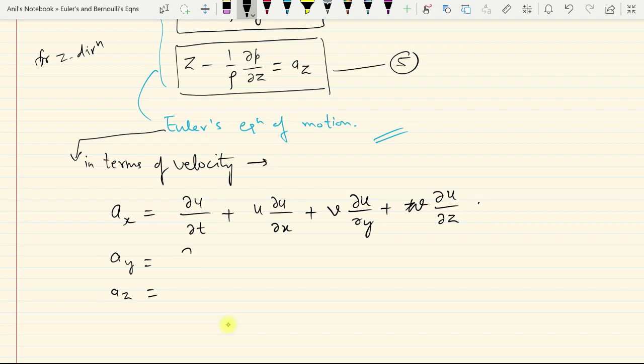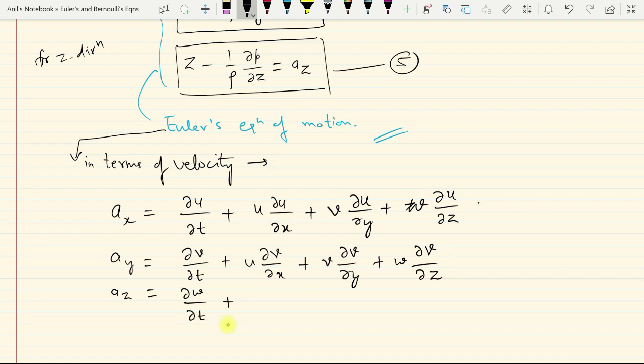Ay will be del v by del t plus u del v by del x plus v del v by del y plus w del v by del z, and az would be del w by del t plus u del w by del x plus v del w by del y plus w into del w by del z.